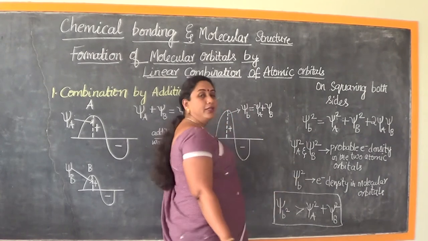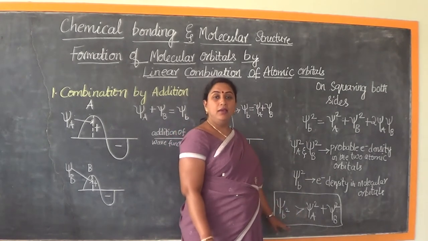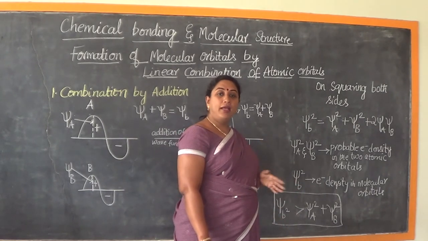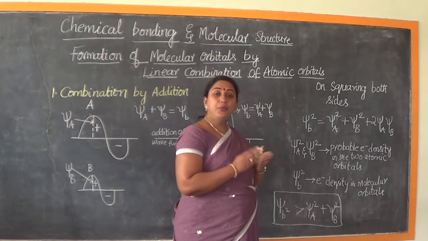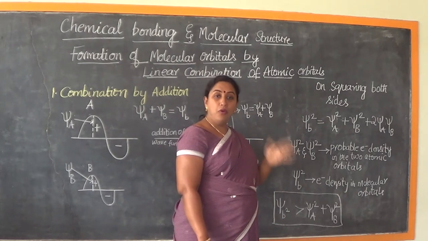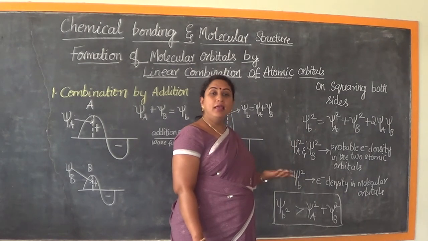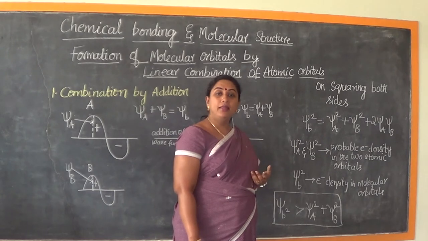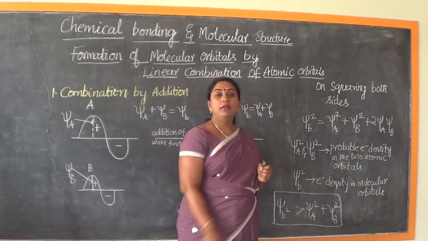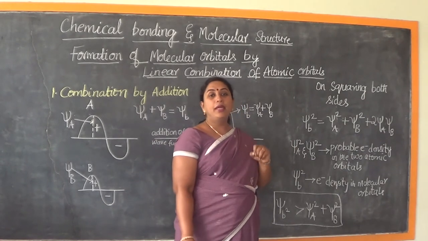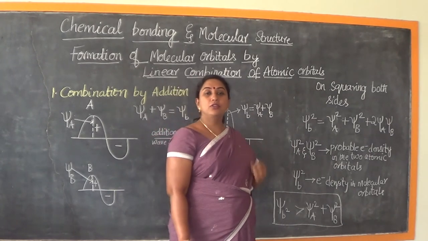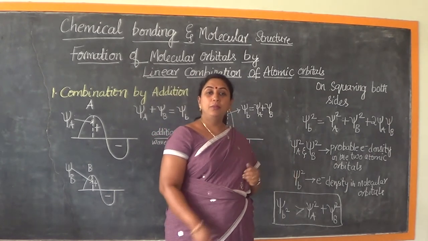What is this equation finally indicating to us? It is communicating that the probability of finding the electron between the nuclei in the molecular orbital is more than the probability of finding the electron density away from the nuclei. That means in the molecular orbitals obtained as a result of addition of wave functions, where should we locate the electron density, where will the probability be more?